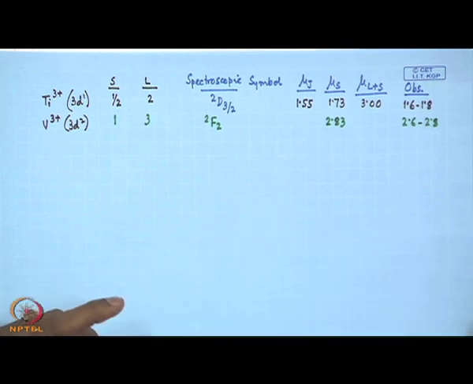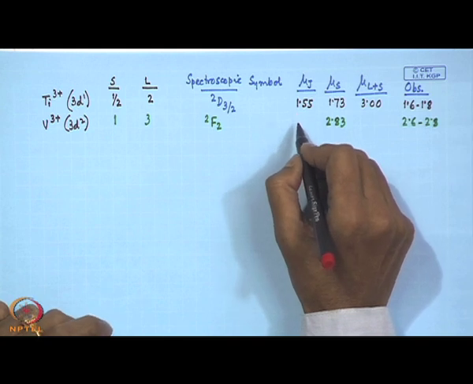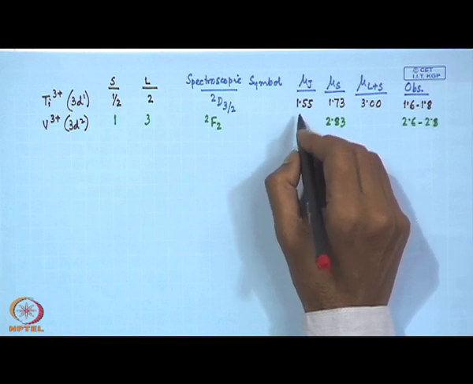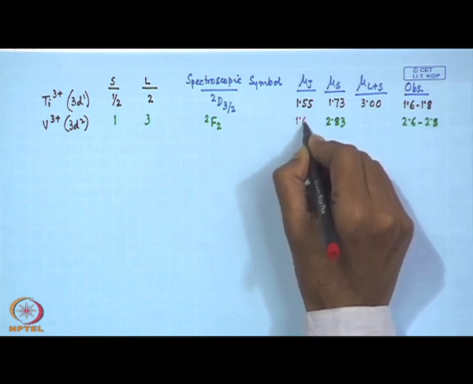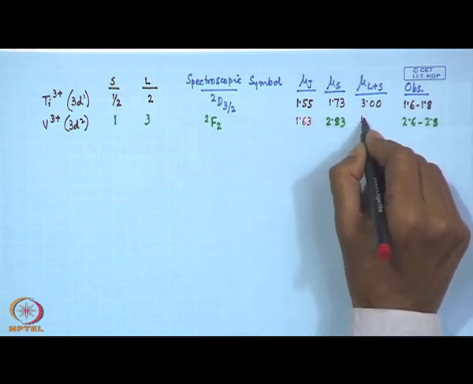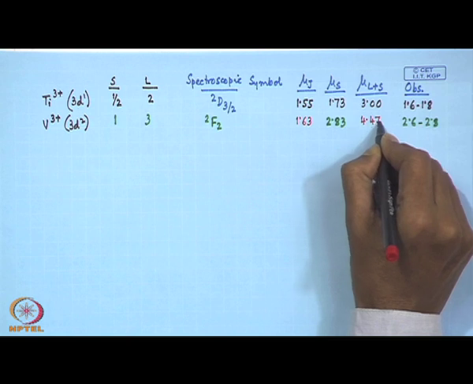But when we bring in the other two values, theoretically calculated using J as the quantum number and L and S both as the quantum numbers contributing towards the magnetic moment, it will be 1.63 in the lower range, but in the higher range it is 4.47.